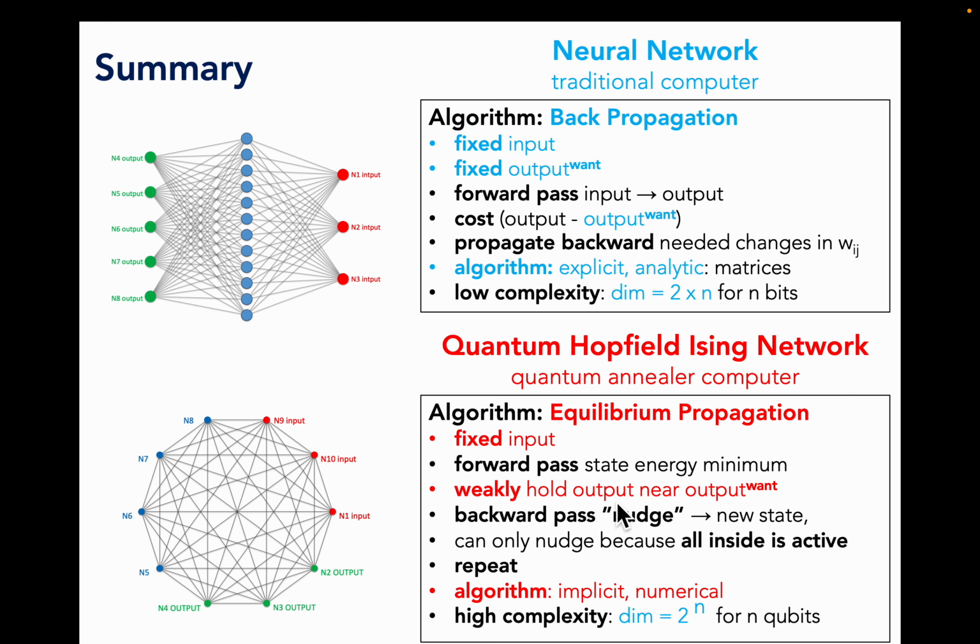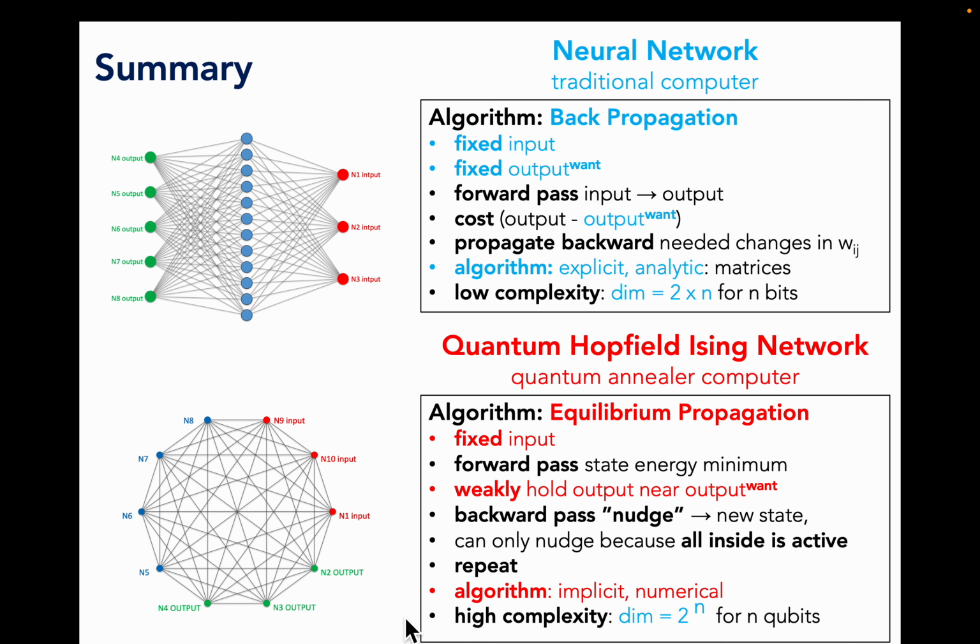We then weakly hold the output near the output we want and do a backward pass to nudge the output, and therefore the whole system, since everything is connected to everything else, to a new state. And we can only do this nudge since everything inside is active all the time. Once we've done that, we find the new energy minimum and repeat this process. So this algorithm is implicit and numerical.